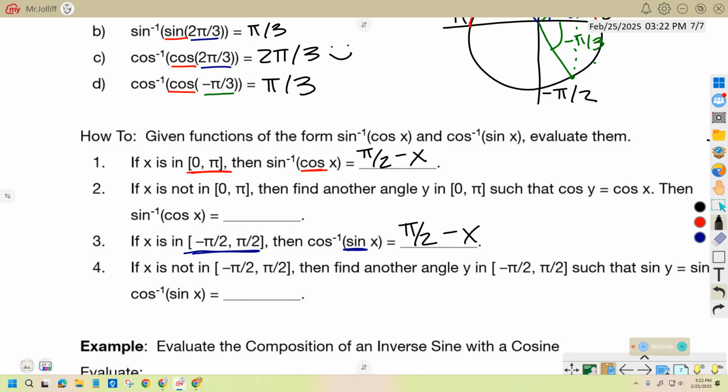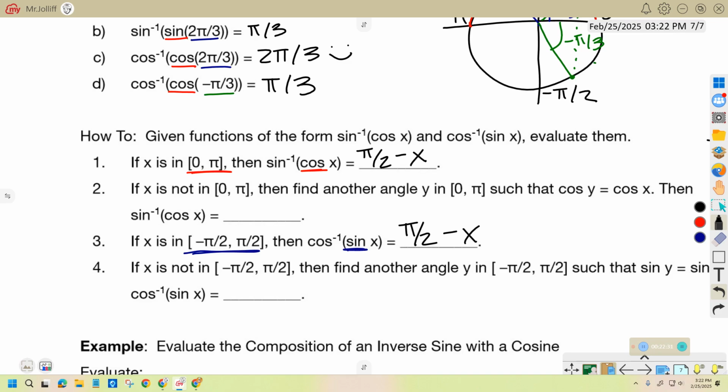The question is, if my original x value is not in the appropriate domain, it's not in the shaded area of my unit circle, what should I do? And what did we just do on the top half of the paper? Find its buddy. Yeah, we find our original angle, we find its buddy that is in the shaded area, and use that angle, which is exactly what we're going to do here.